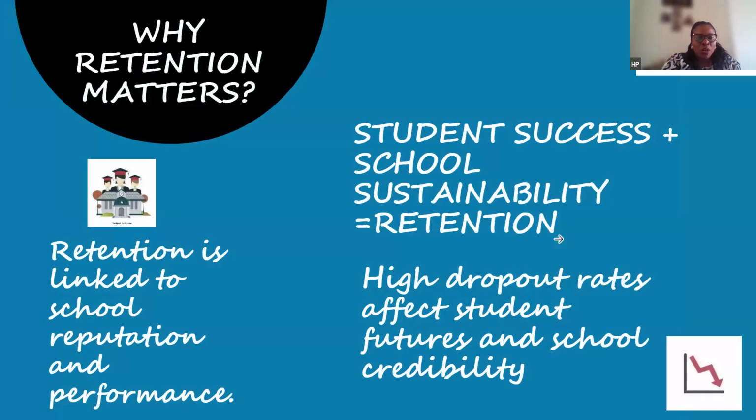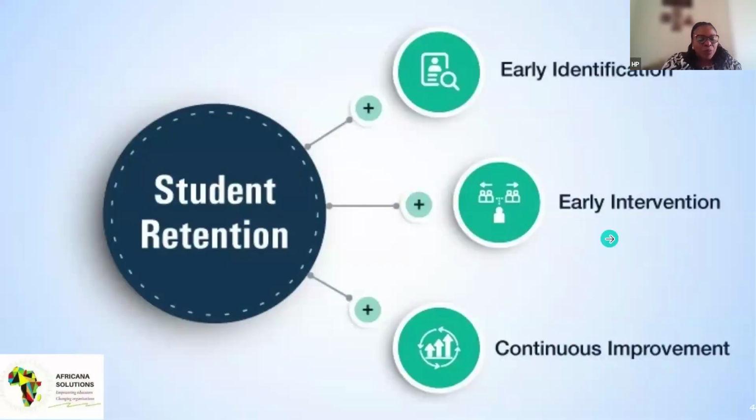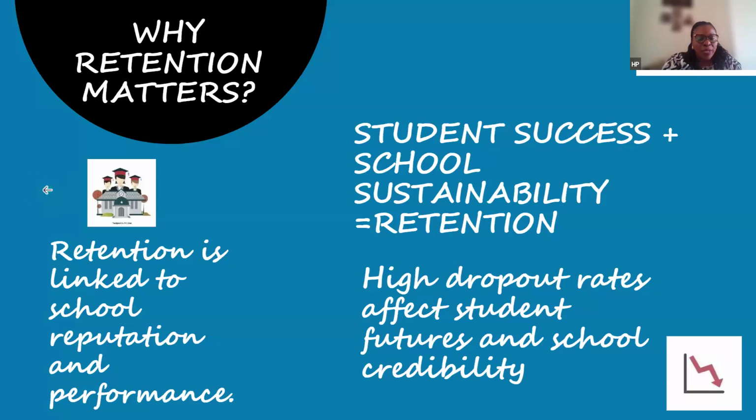Thank you. So the first scenario is this. A parent suddenly withdraws their child midterm without prior complaints. No clear reason is given, but there were hints of dissatisfaction. The first question is, what early warning signs might we have missed?